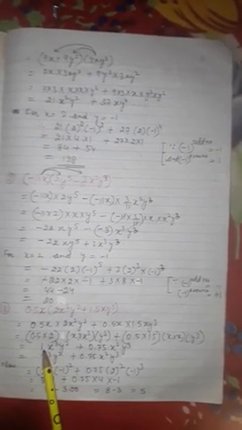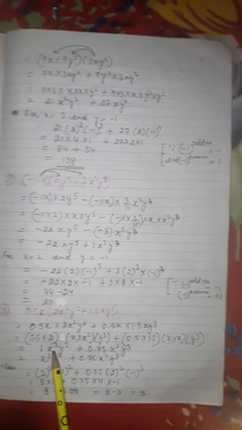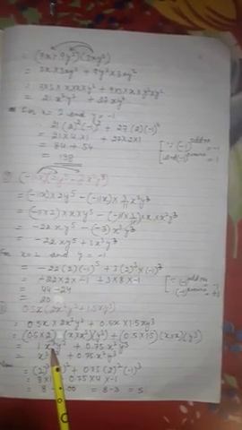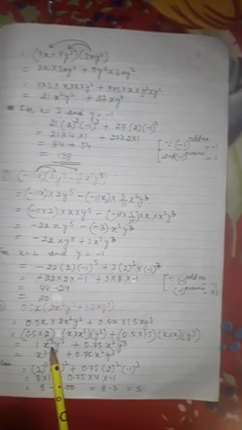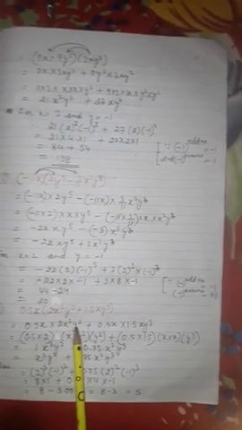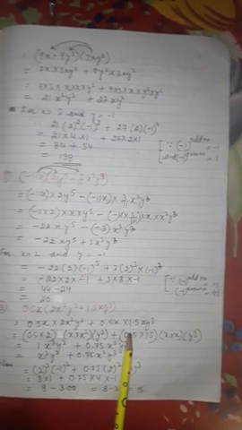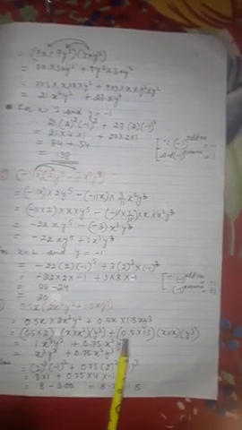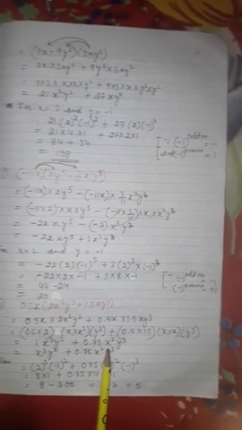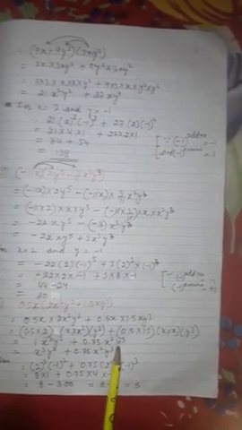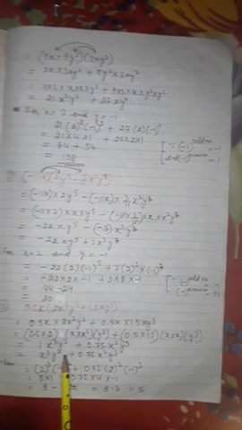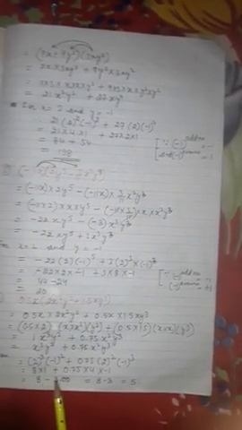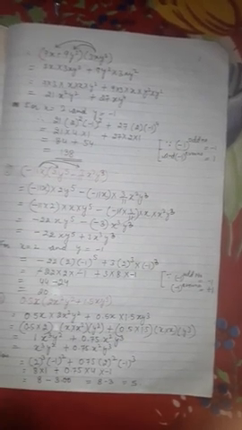So we will write 1 only, into x raised to power 3, x square into x, and y square as it is. Then 1.5 into 0.5 is 0.75 into x square and y raised to power 3. So it is the product. After this we have to place the values, so we will get the answer, that is 5.